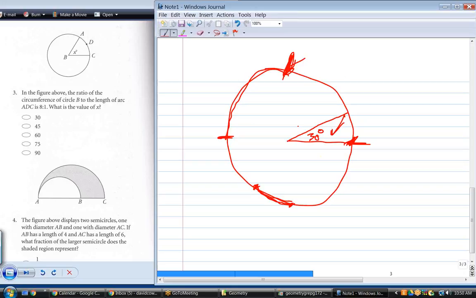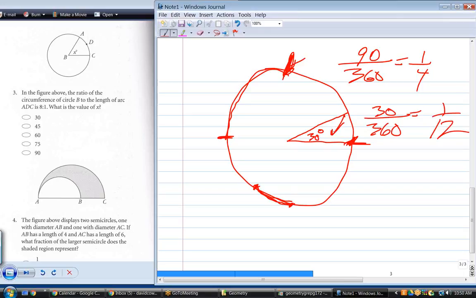How did we do it when it was 90 degrees? When it was 90 degrees, we did 90 divided by 360 to get 1/4. So we would do 30 divided by 360, which would be 1/12. That's what the area of that is.